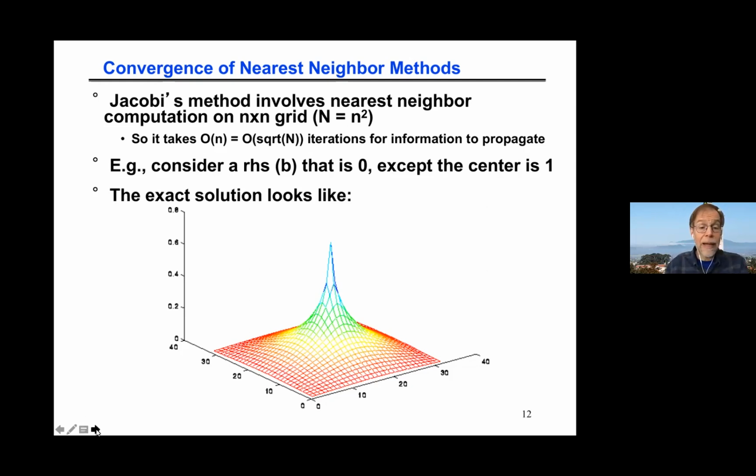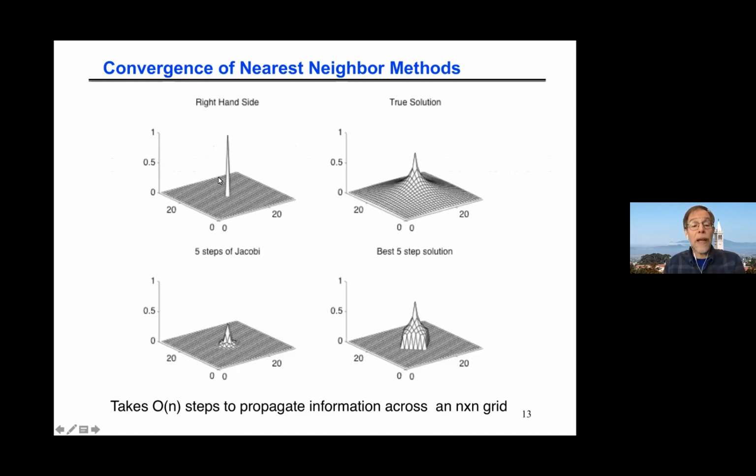And what is Jacobi going to do? So here, as I said, here's the right-hand side. There's just a planet in the center of the mesh. Here's the true solution. And I'm going to start, let's say, with a solution that is 0 everywhere. And I want to know how fast could I possibly converge? Well, if my initial guess is 0 everywhere, then what happens when I average with my 4 nearest neighbors?